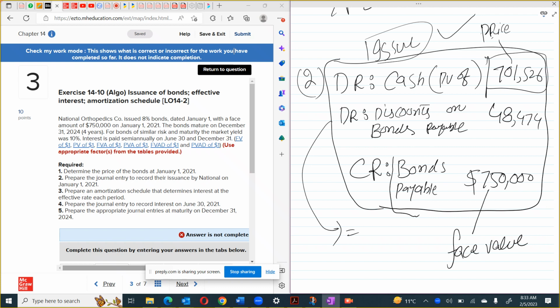For premium it is minus, for discount it is plus. Everything else is the same. 730,310 multiplied by 5% will be 36,516. Take the difference, 36,516 minus 42,000, it will be 5,484.